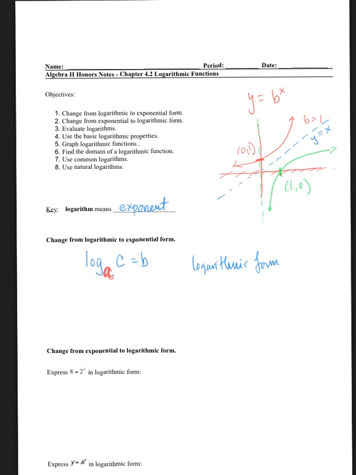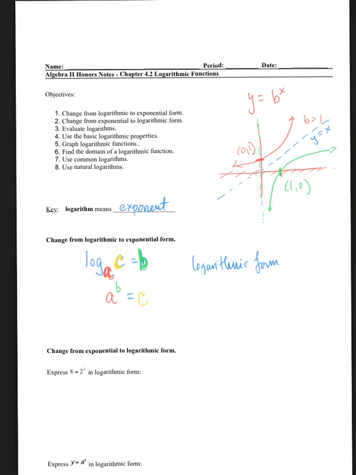That little subscript is a base. That becomes the base of the exponential form. That is going to equal c, and that logarithmic value, which is b, becomes the exponent of the base a.